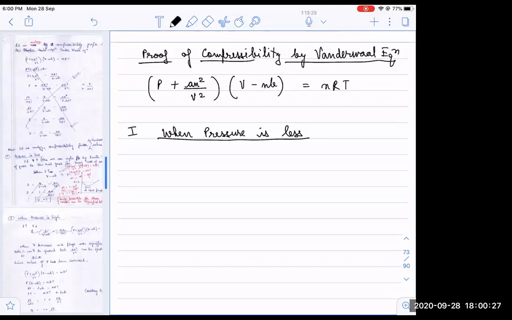And when this started, Z started becoming greater than 1, it was a high pressure zone. So when pressure is low, first we will see for that. When pressure is less, now we have to make an assumption here. I'll tell you what.